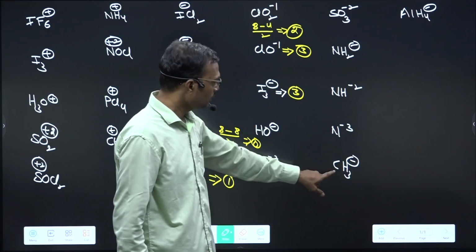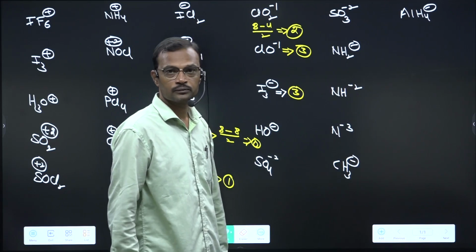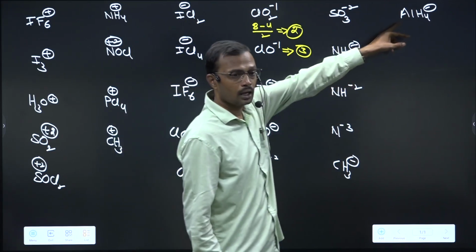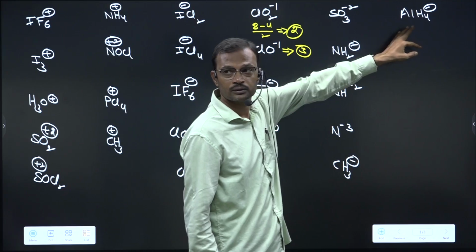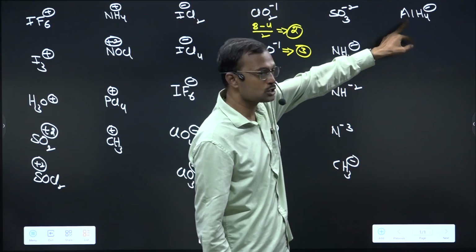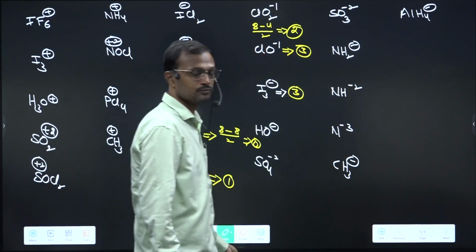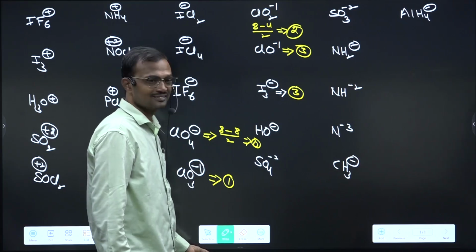Okay? CS3 minus carries how many lone pairs? 1 lone pair. Aluminium hydride, AlH4 minus. How many lone pairs?